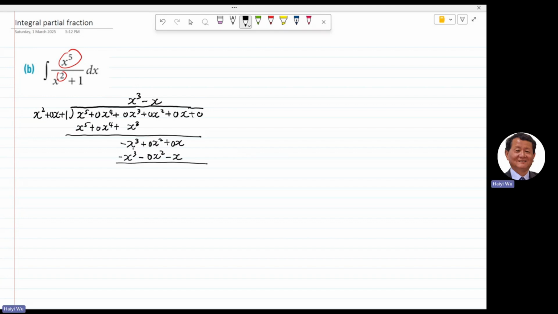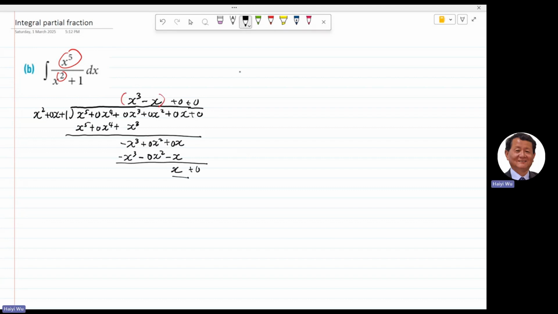In this case, this is 0, so the last one will be positive x. We don't have any left, so otherwise it will be 0. So this is the quotient.